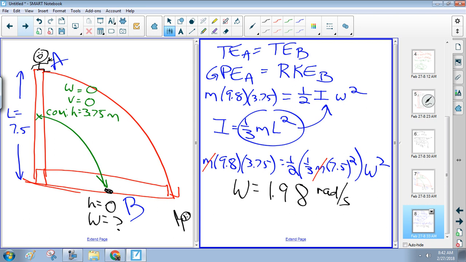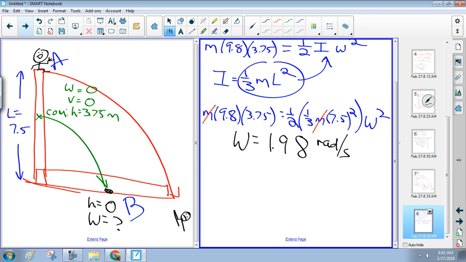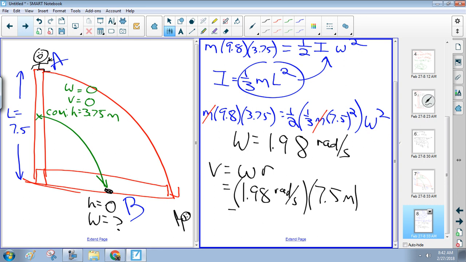You're at the end, traveling in a circle with a radius of 7.5. So v is omega r, 1.98 radians per second times 7.5 meters gives you just shy of 15 meters a second. So which one's better? Falling.